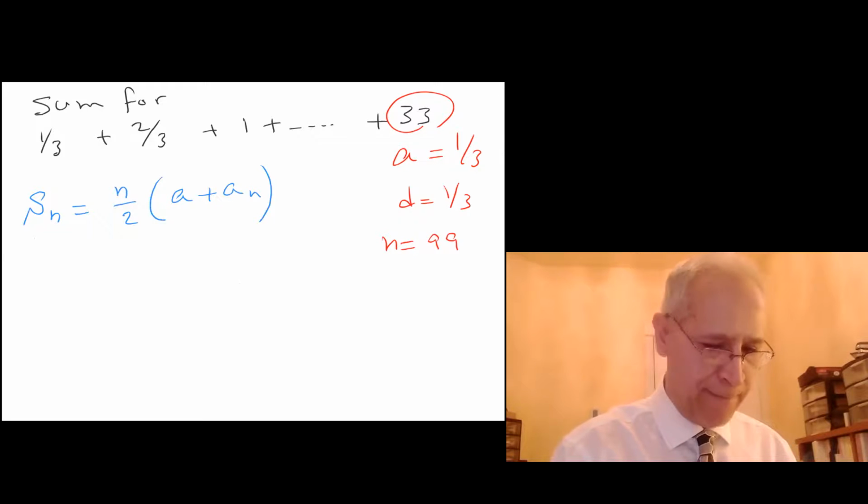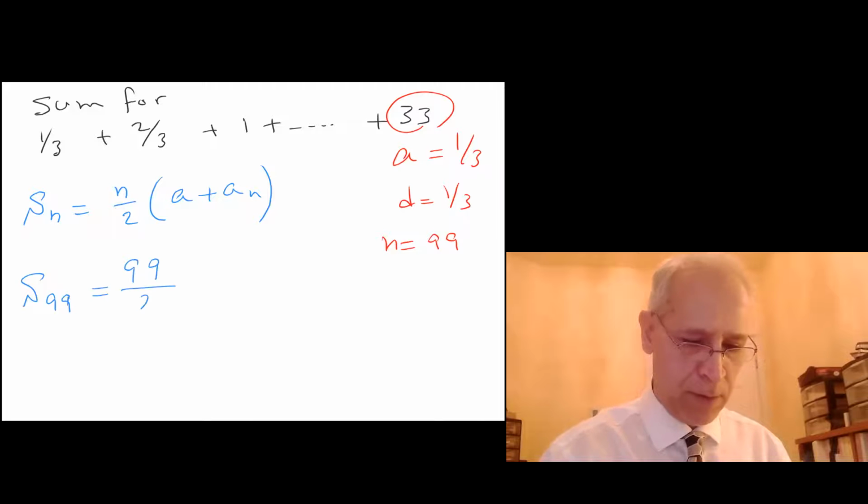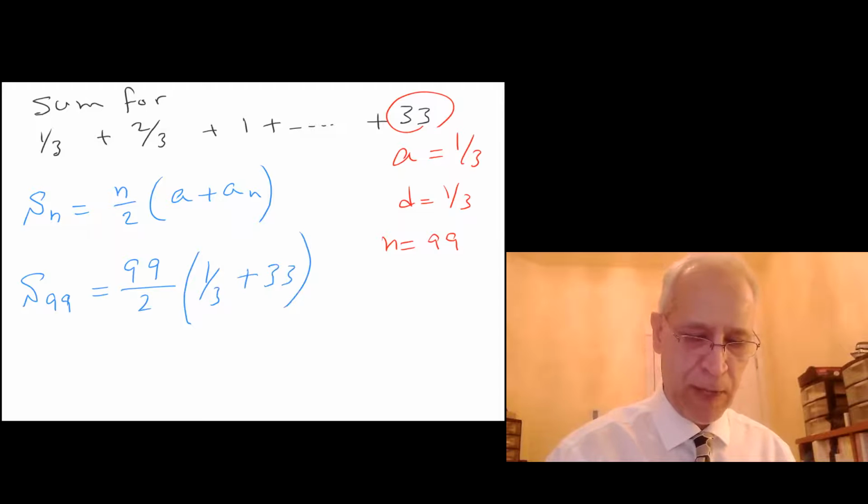So S sub 99 equals 99 over 2 times (1/3, my first term, plus 33, my last term). Put that in the calculator, and you get 1,650.